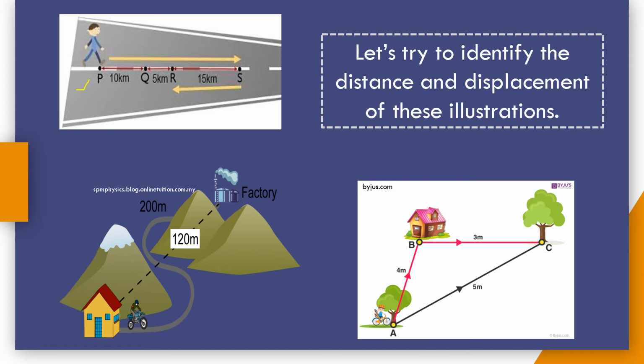From S to R, bumalik pa siya. So, yung 30 kilometers natin, plus yung ating 15, so that is 45 kilometers. Then, about the displacement naman, so from P to R, the displacement is just 10 plus 5, then 15 kilometers.